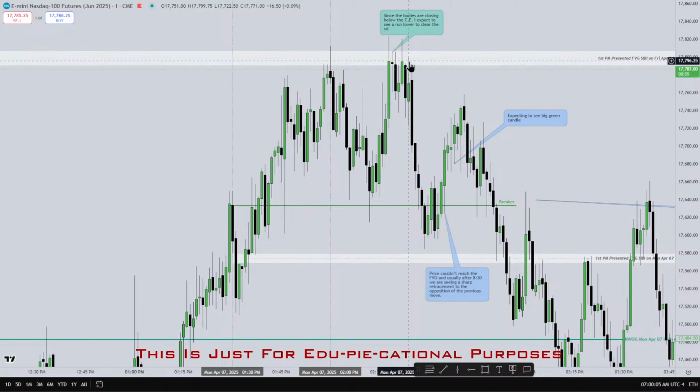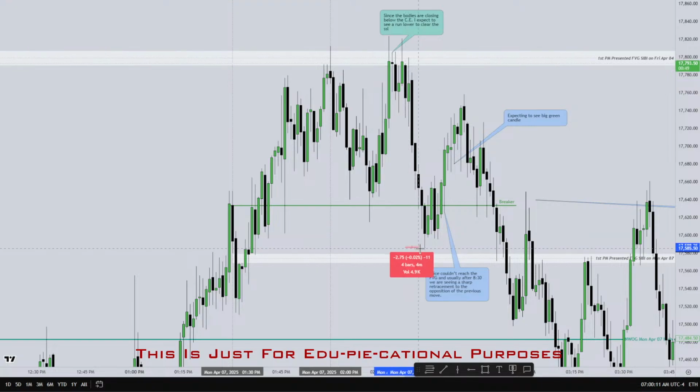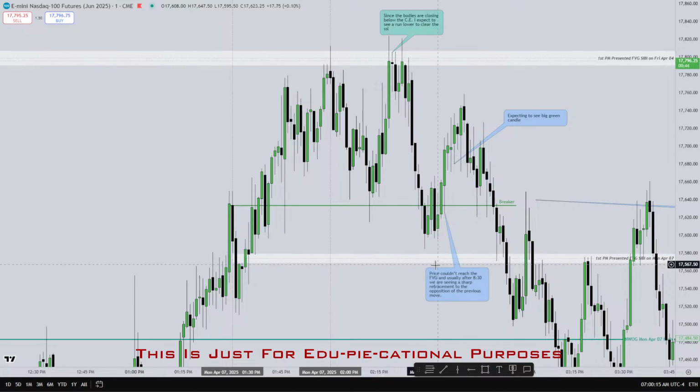You can see the reaction of the market within less than 5 minutes, I guess. The market showed a very beautiful reaction, almost reaching the first fair value gap of the day, but rejected and going higher. You can see here I was expecting a big run candle in the upside move.